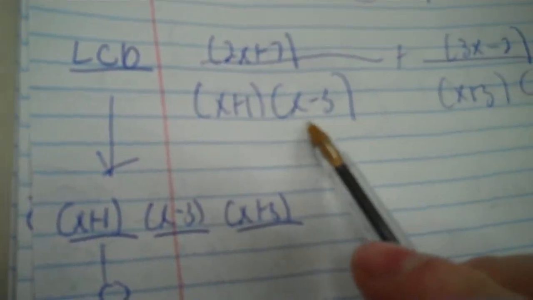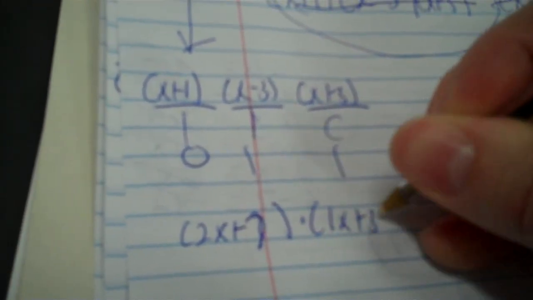Okay, x minus 3, I'm good there, 1, 1. X plus 3, 0, 1. Okay, now we have our common denominator, so I come down here and just go x plus 1, x minus 3, x plus 3.